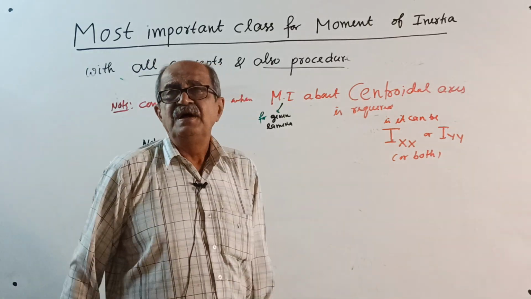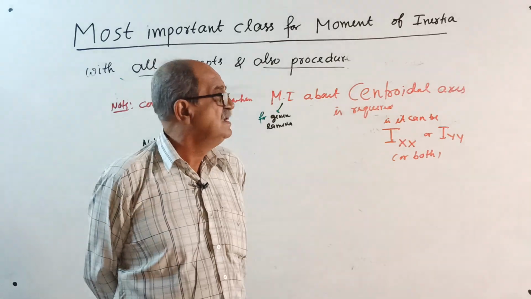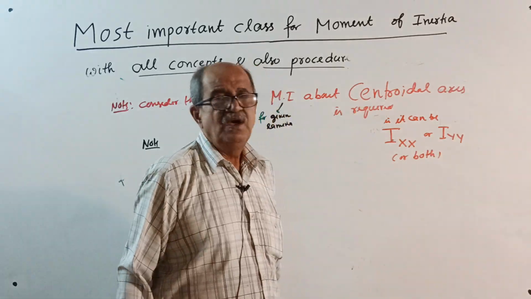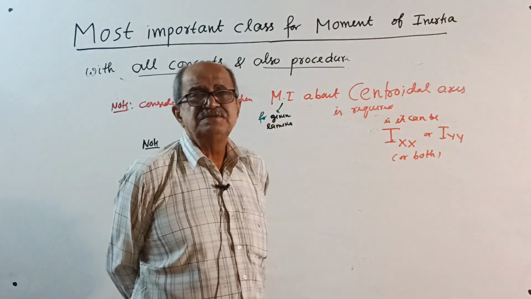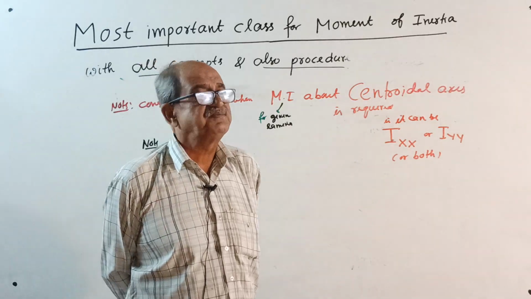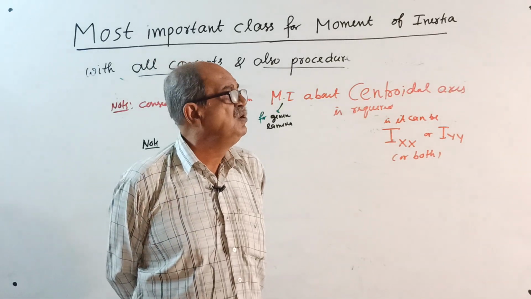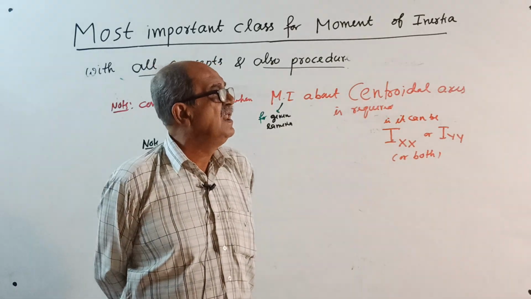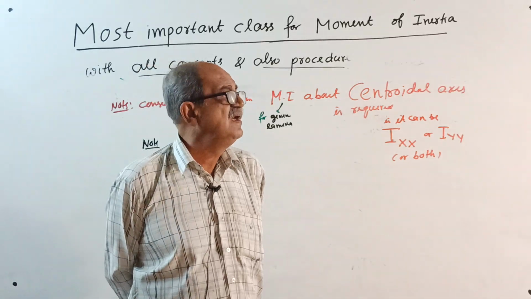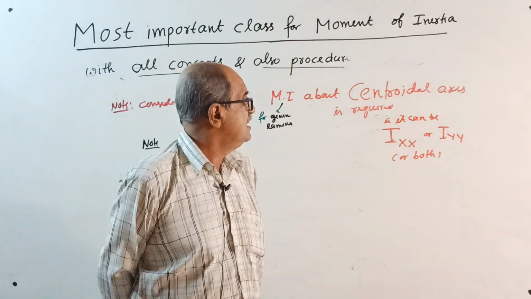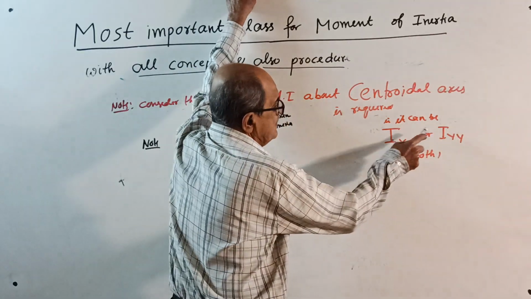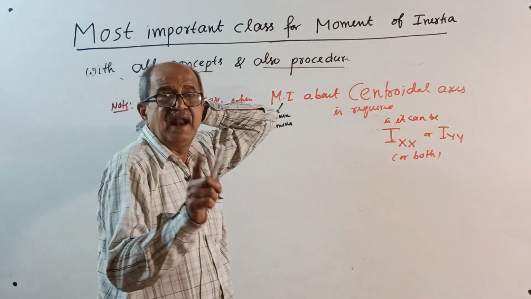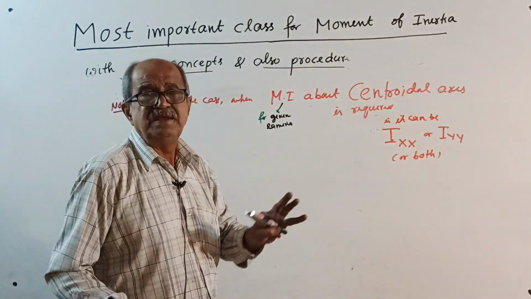In academic questions, they may ask only about the XX axis, only the YY axis, sometimes both. If the given lamina consists of 5-6 parts, the examiner will ask only one because it is time consuming. If it is a simple one, like an angle section, T section or I section, he may ask both. I already told you, capital XX and capital YY are for the entire lamina.